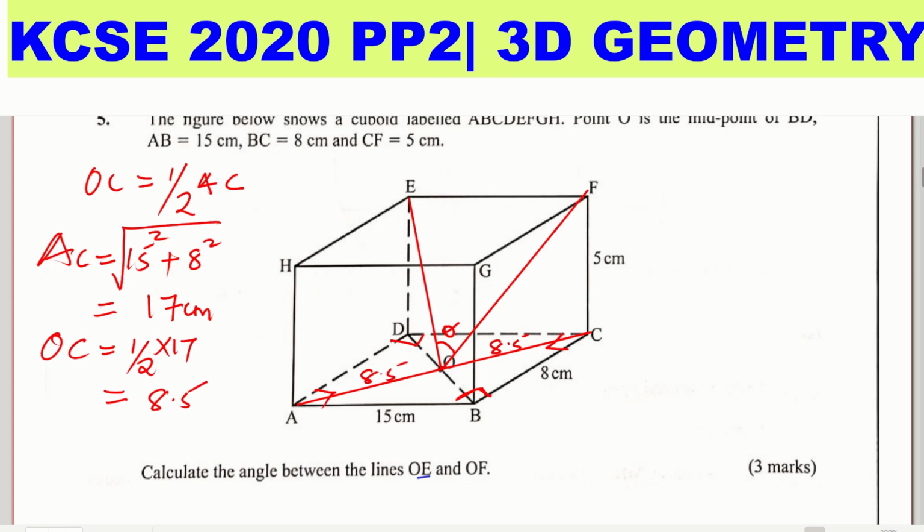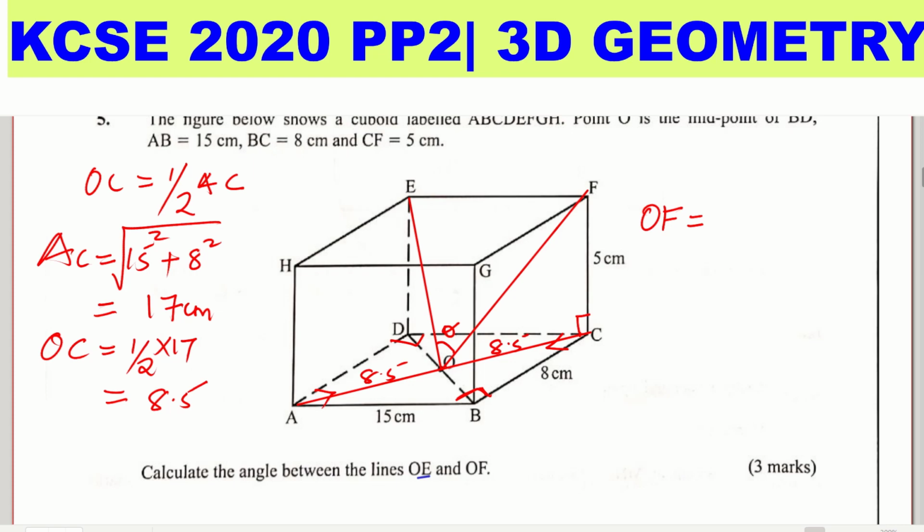Now after doing that, we can use triangle OFC. You can see that triangle OFC is right angled at that point, and you'll notice that OF is the hypotenuse, so that will be able to give me OF.